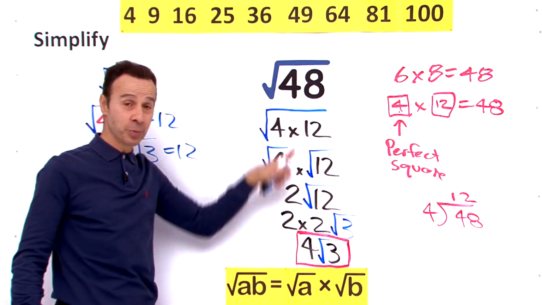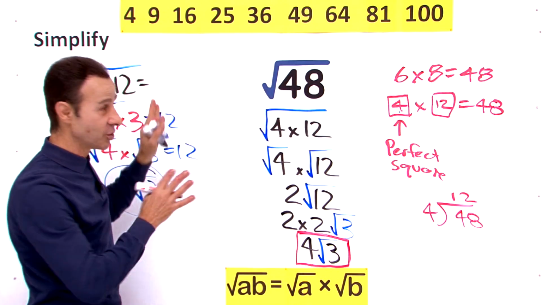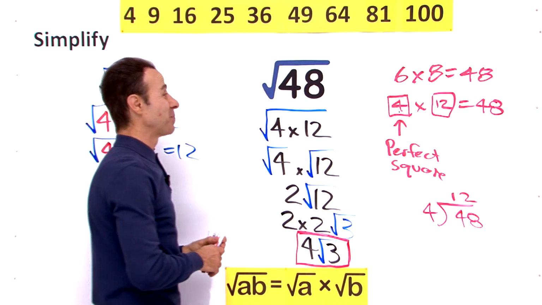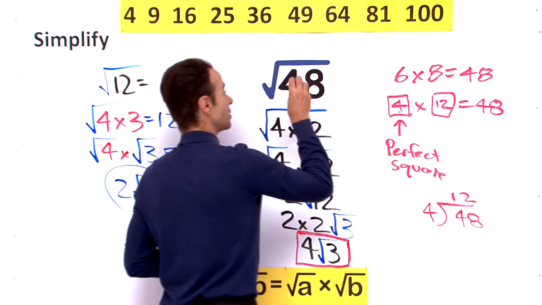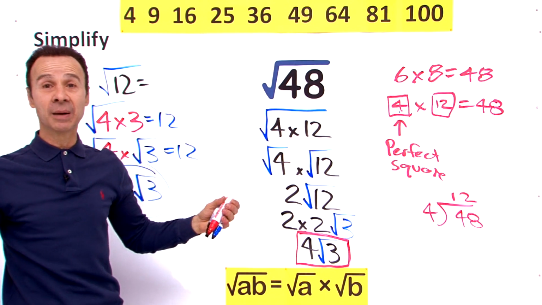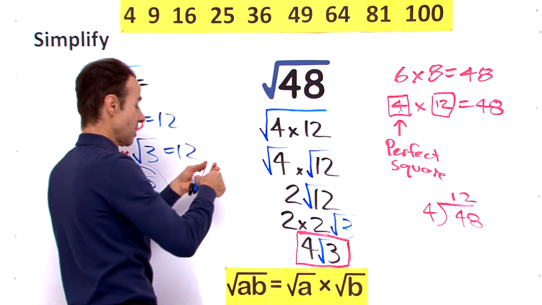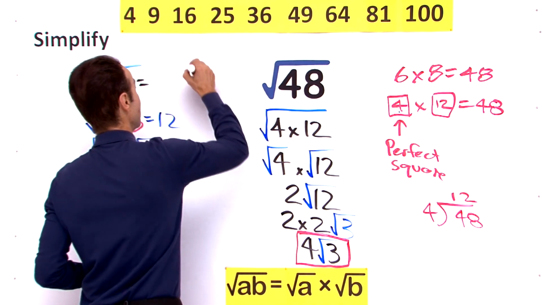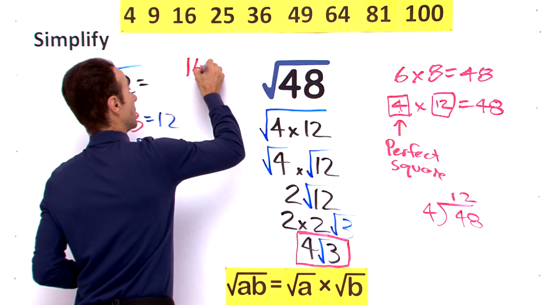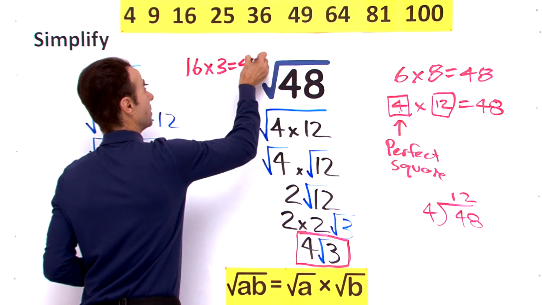Now if you want to do this super quick, instead of having to test and do that, what you do is you find the biggest square number that divides into 48. The biggest square number that divides into 48 is 16, because 16 times 3 equals 48.